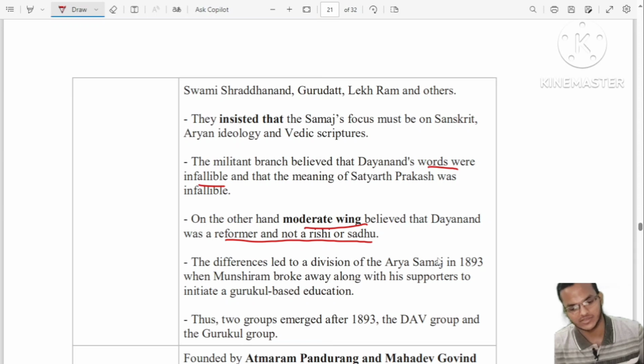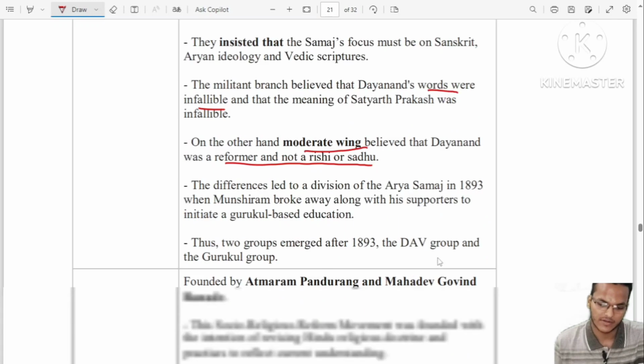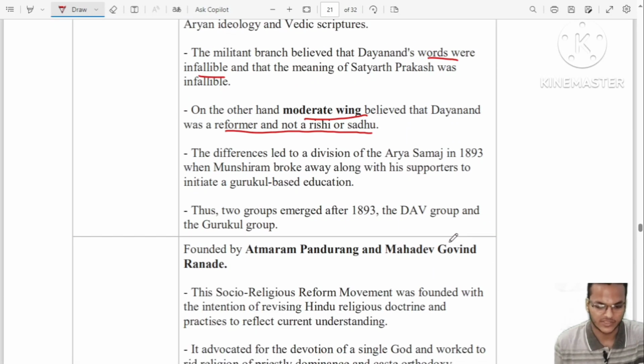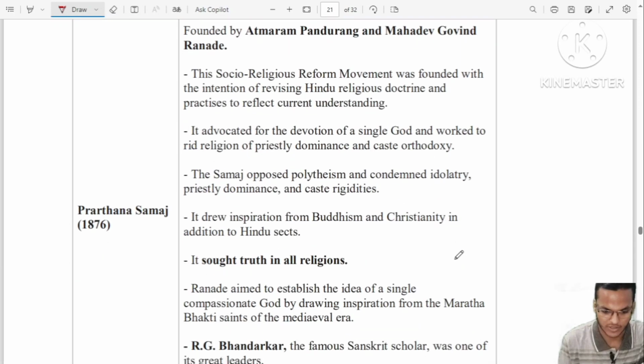The militant group believed Dayananda was a sadhu or a rishi, but the moderate wing said that Dayananda was a reformer. So it led to the division, the DAV group and the Gurukul group.